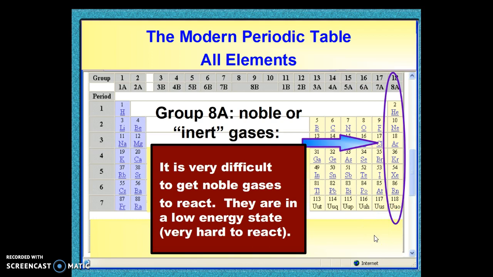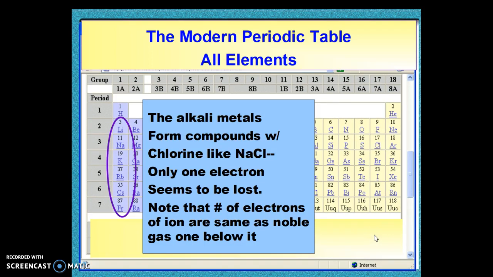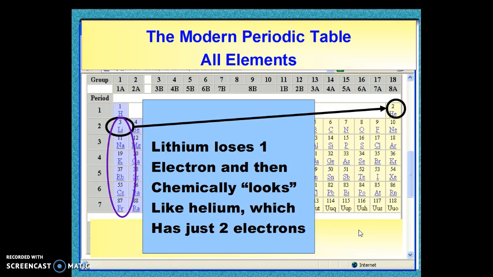It's very difficult. Group 1 is called the alkali metals, and they form compounds with chlorine like NaCl, KCl. They seem to be losing 1 electron. And let's note that the number of electrons of the ion that is formed is just 1 less because it's lost an electron. Lithium loses 1 electron. It's got 3 to begin with.